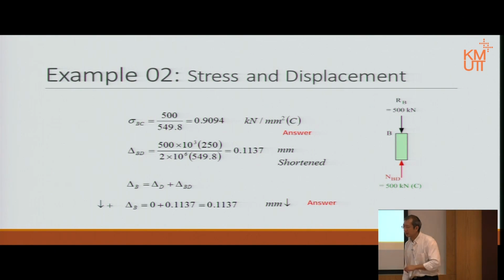But that's not all the answer yet. Apparently the question asks for 3 things. 1, stress in BD. 2, delta in B, the displacement of point B, and it also wants movement of point C.